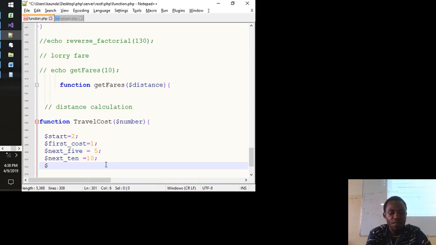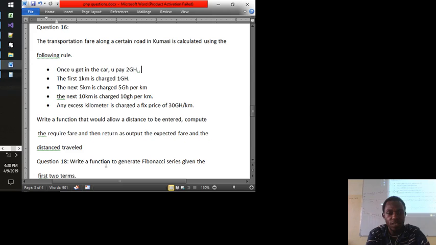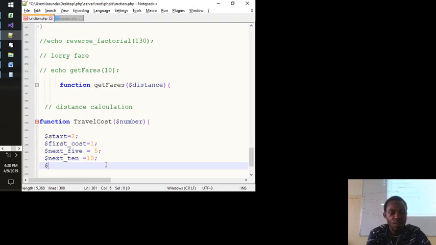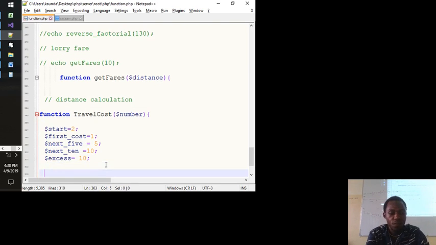Then anything else, I'll call it SS, I hope the spelling is right. SS is 30. So these are the marking points I need. That is all.